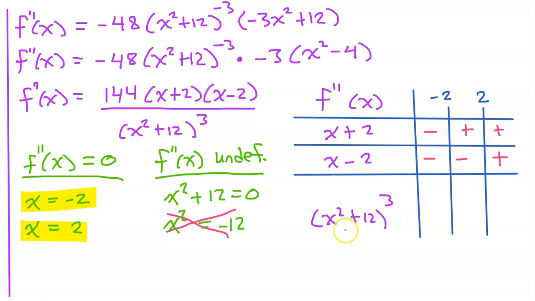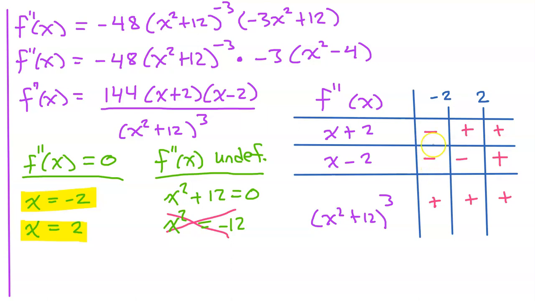What about x squared plus 12 to the third power? This will always be positive because no matter what you put in for x, when you square it, you're going to get a positive number. Add 12 to it, still positive. Cube it, still positive. So what about the overall value of f double prime? Just focus on the negatives.